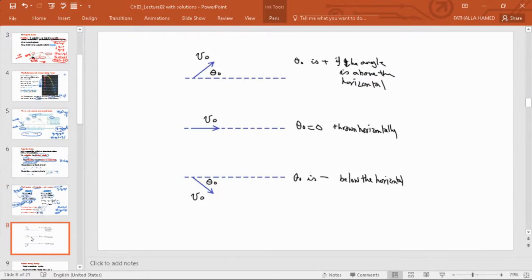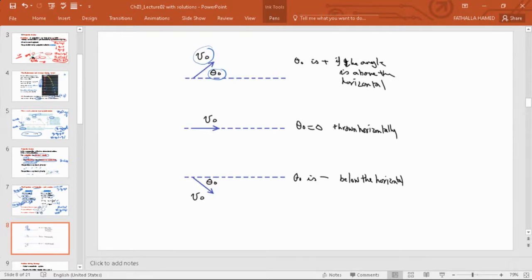So when you look at your initial velocity, you see here we have v0, and v0 here means the speed. So we're just putting the magnitude, and it goes at some initial angle. We call it theta 0, and this is of course above the horizontal.